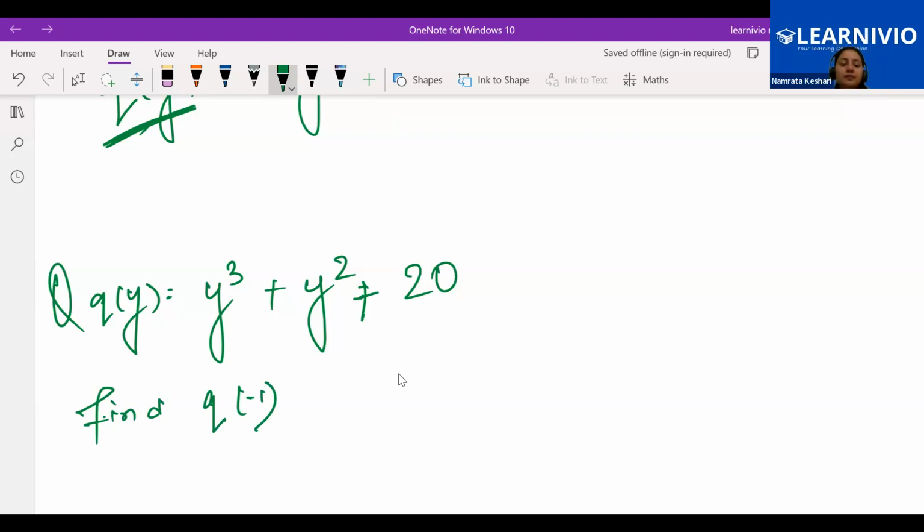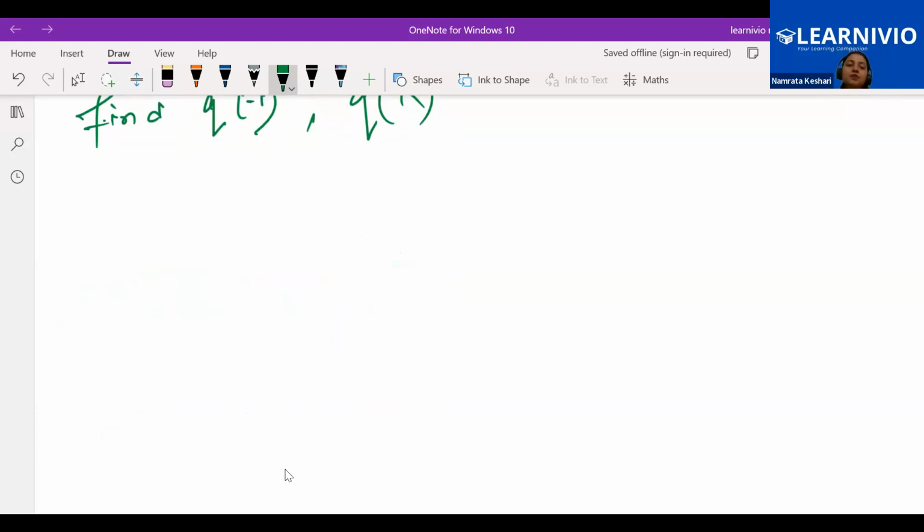Minus 1 to the power of 3 plus minus 1 to the power of 2 plus 20. Yeah, you understand that already. Suppose I am asking you find q of k, Sara, then can you tell me what will be the result? k cube plus k square plus 20. Perfect. This is how we are going to find whatever is asked in the question.